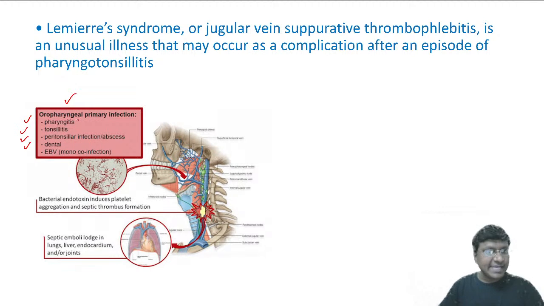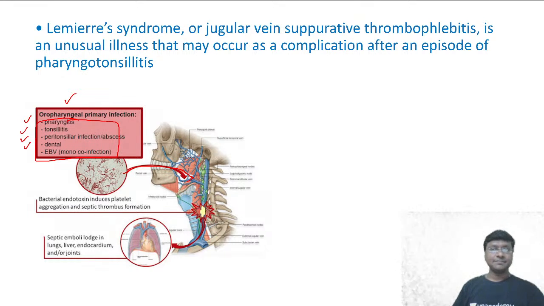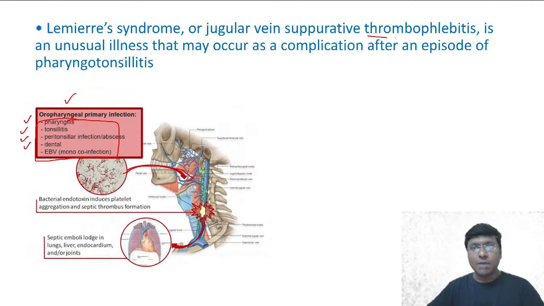From these areas, the organism can spread into the internal jugular vein, and after spreading there, it will cause thrombophlebitis.